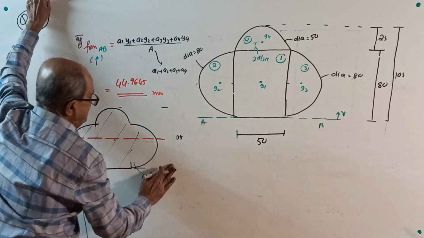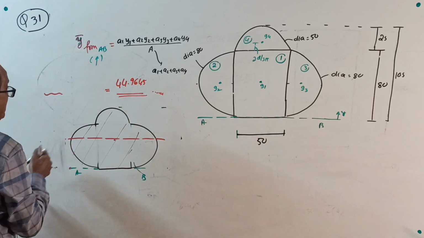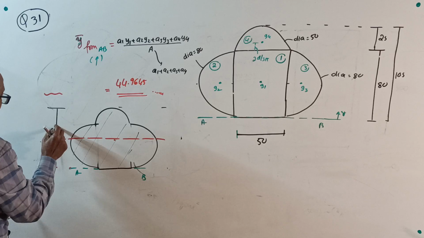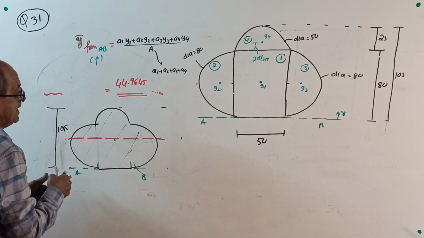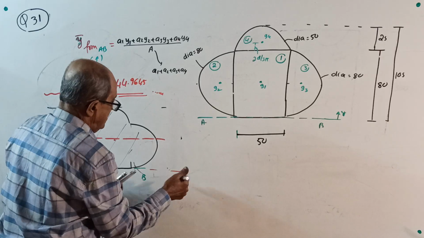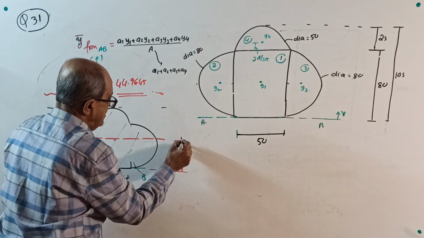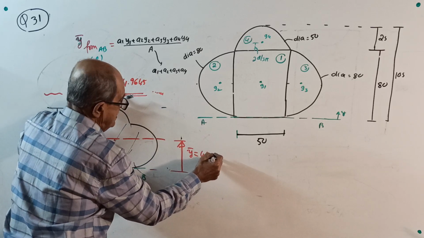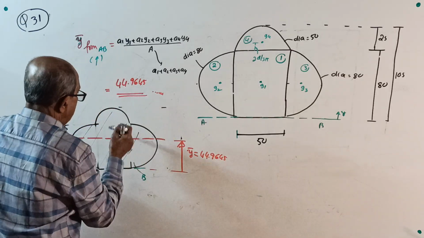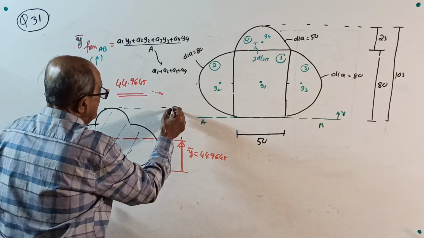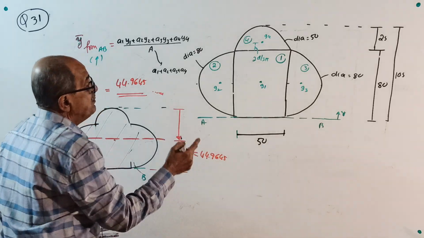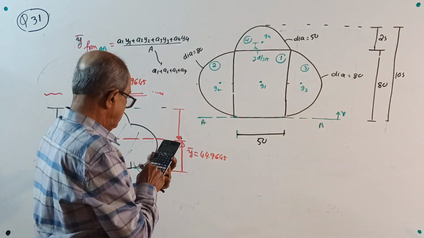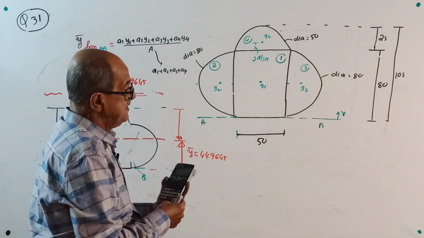Space is there, I'll write here. I'll do one thing, that 105, I'll write here. That is disturbing me, that 105. I can write this side without bothering about the camera. Y bar 44.9645, or from top if you want, subtract 44.9645 from 105. 105 minus 44.9645 is 60.0355.